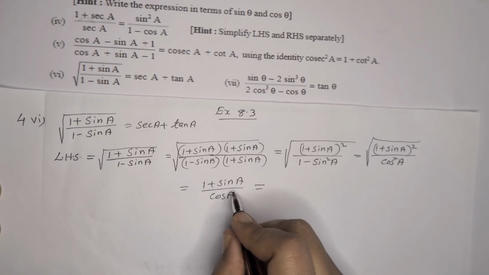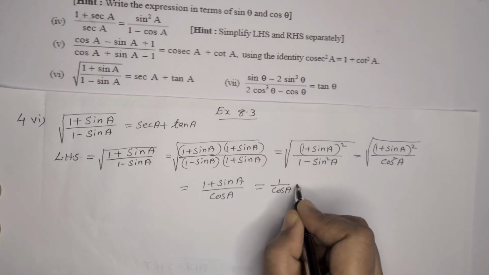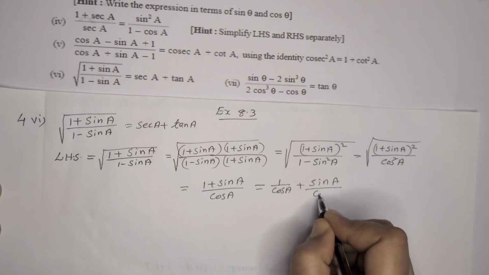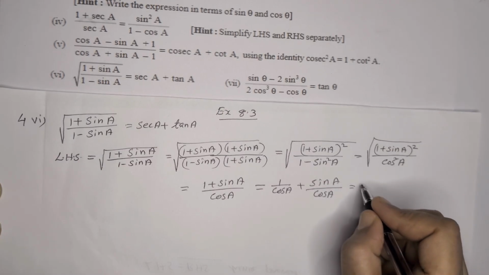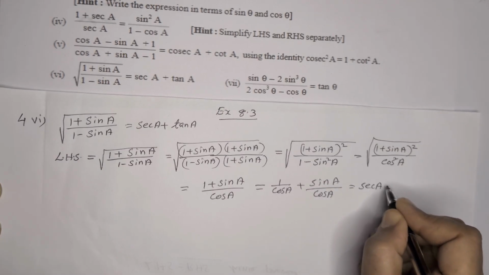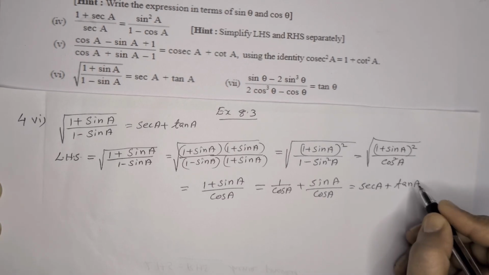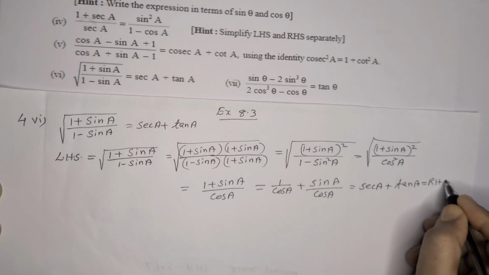So we can split that numerator as 1 by cos A plus sin A by cos A. Now 1 by cos A is sec A. Sin A by cos A is tan A. So that is sec A plus tan A is equal to the RHS.